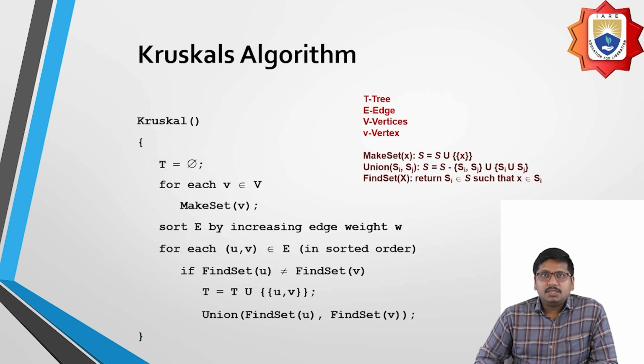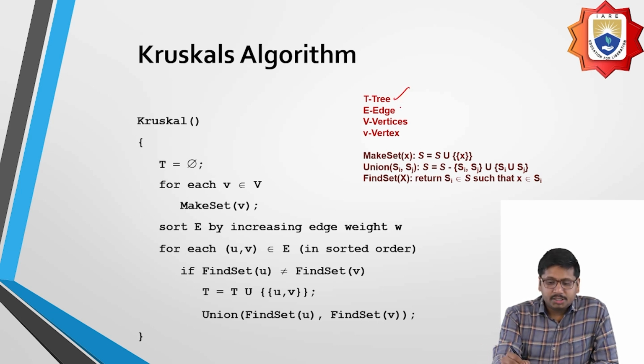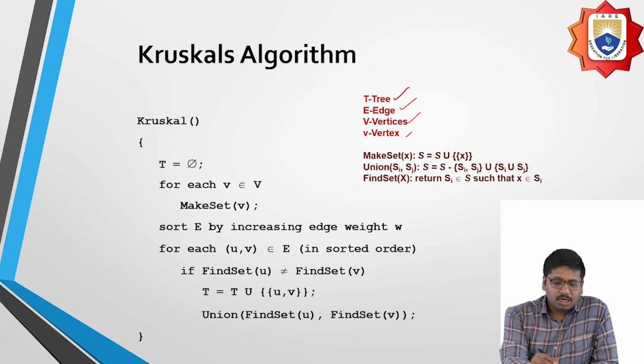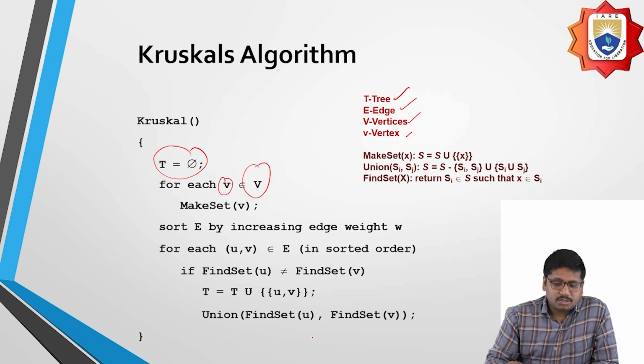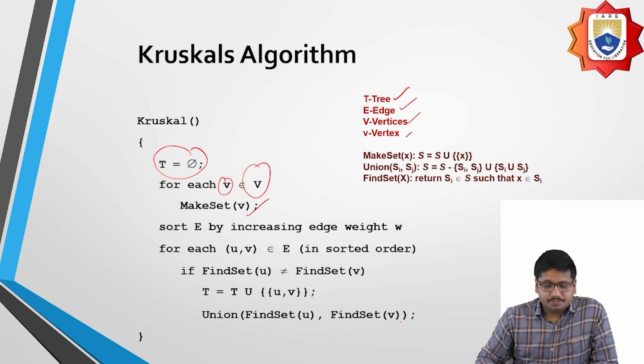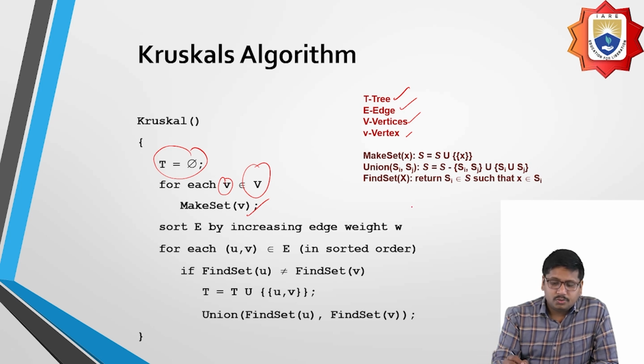And let's see this Kruskal's algorithm. In this one, the tree is going to represent the tree edges, vertices, and then vertex. Initially we make the tree empty, whereas in Prim's algorithm it is different. We store all the edges first, and then for each vertex of the vertices we mark it as a set. Then we have to sort all the edges in increasing order of weights, and for each edge we find the set and check whether they are equal or not.